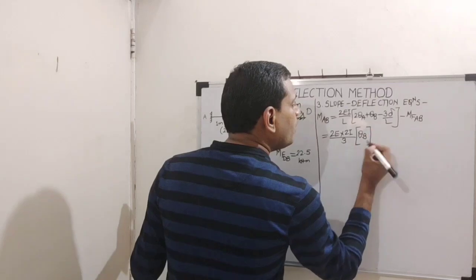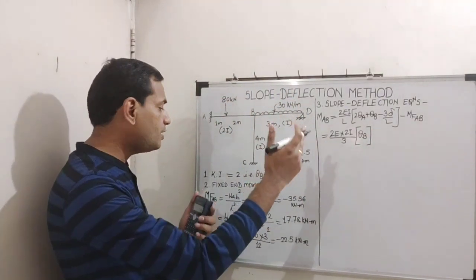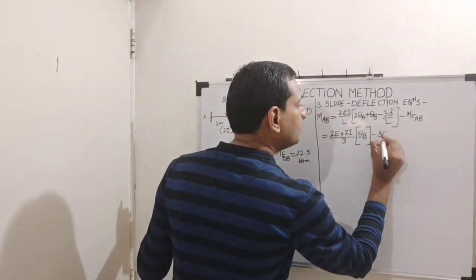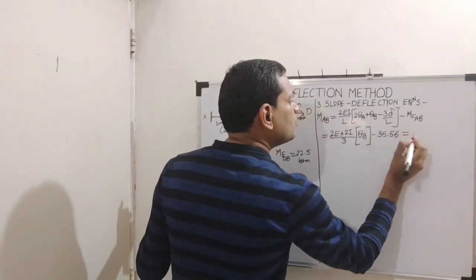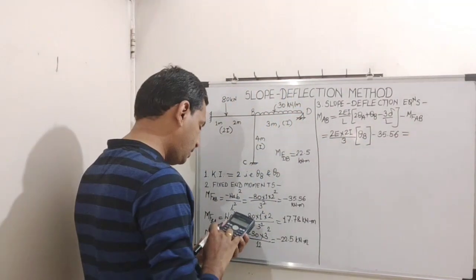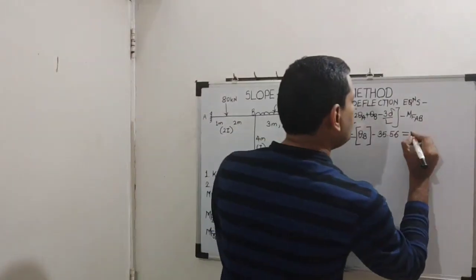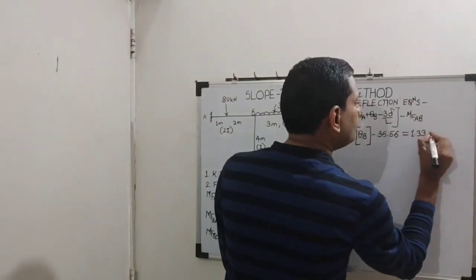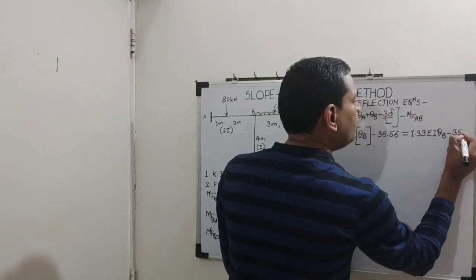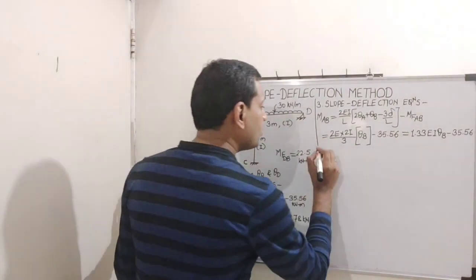Delta 0, why delta 0? Because there is no sway of the frame. Minus MFAB is minus 35.56. Okay, so the equation is 2 into 2 is 4, 4 by 3 is 1.33. Let us confirm. Yes, so 1.33 EI theta B minus 35.56. One equation is over, 5 more are remaining.